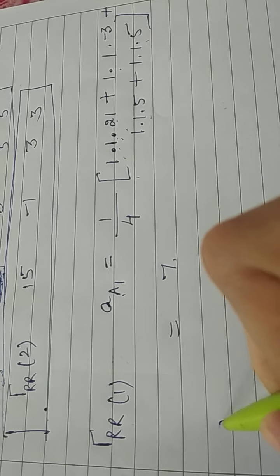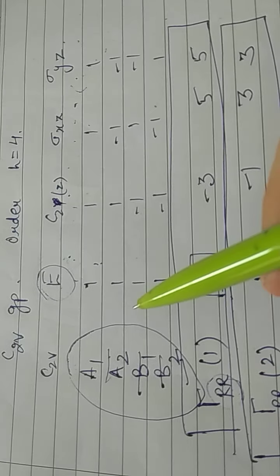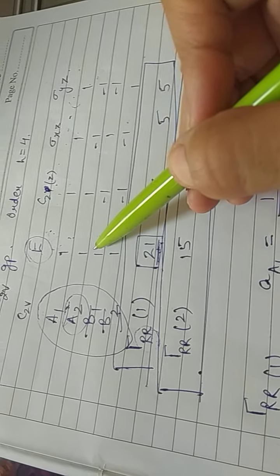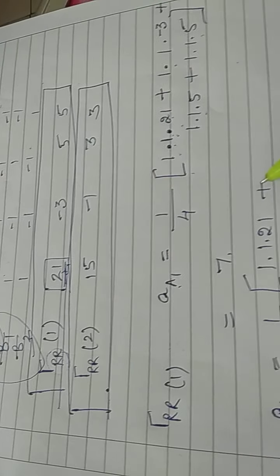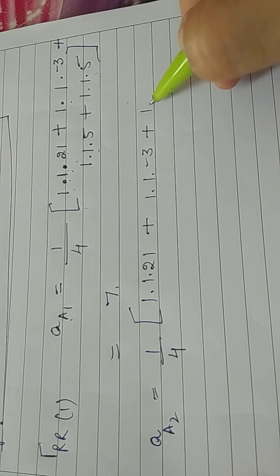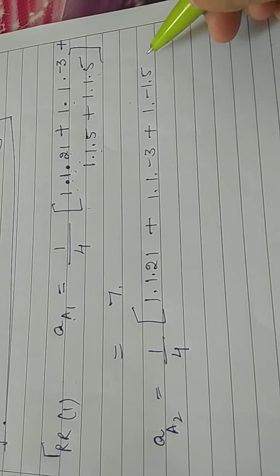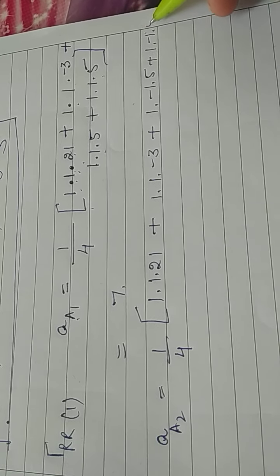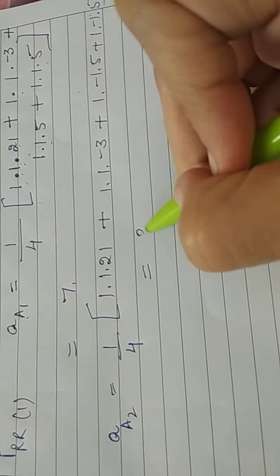Similarly, we do the calculation for the next term, that is A2 according to the character table. You write A2, and then again the same thing starts. We write the order, and then this is 1 into 21, plus 1 into 1 into minus 3, plus 1 into minus 1 into 5, plus 1 into minus 1 into 5, and the resultant answer is 2.